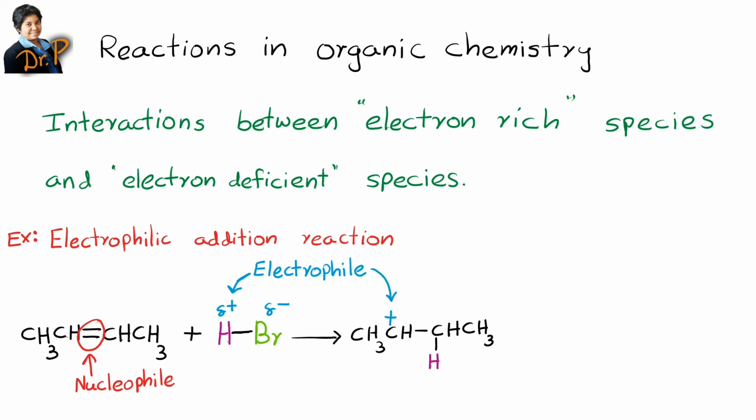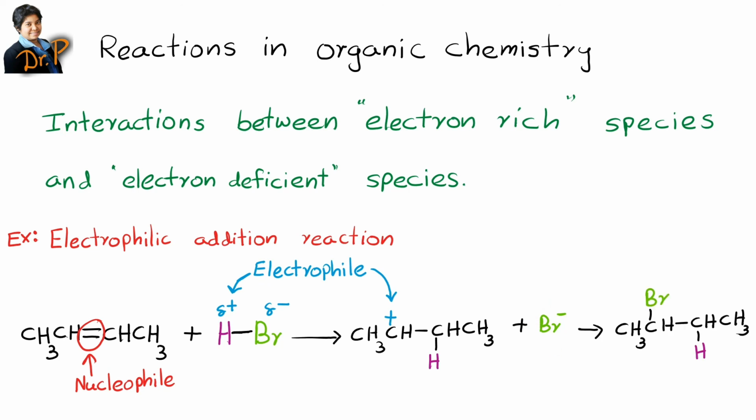In the reaction medium, we are going to find the bromide ion. Now you can see a negative charge here. This is an electron-rich species. Now the reaction doesn't stop here. We have in between this bromide ion and the carbocation. This carbocation is the electron-deficient species which gets attracted towards this bromide ion, which is the electron-rich species.